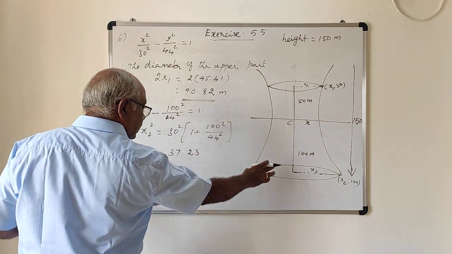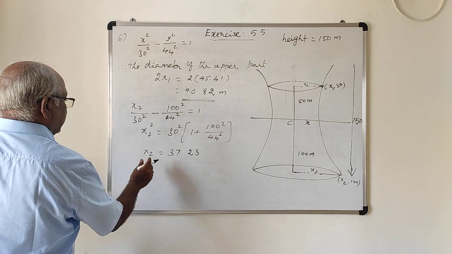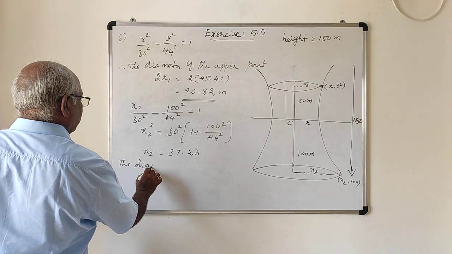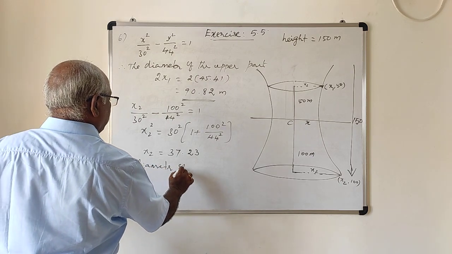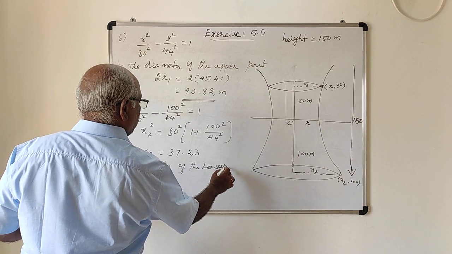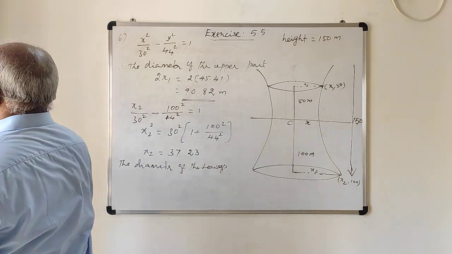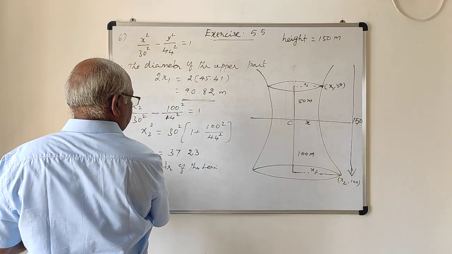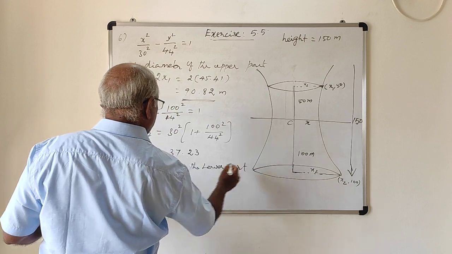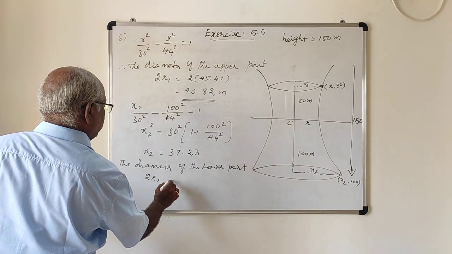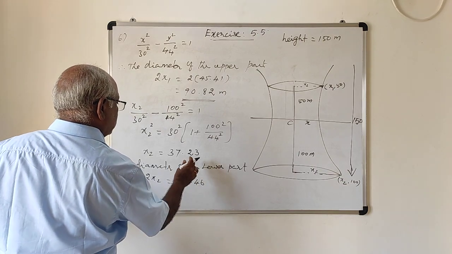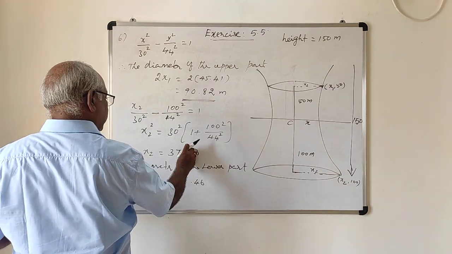This is the total diameter we want, 2x2. The diameter of the lower part of the tower is 2x2, equal to 2 times 37.23.